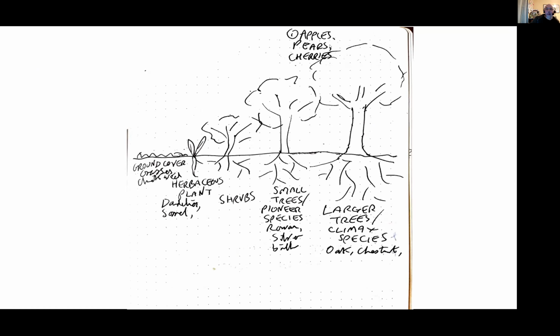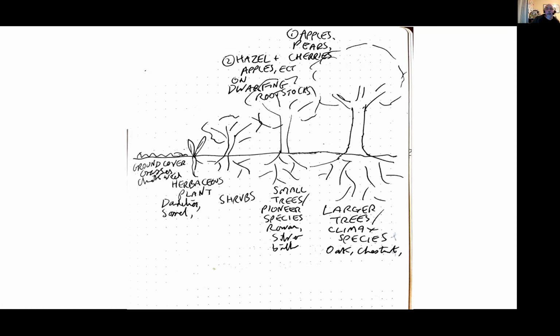And so they'd be our level one, or story one, if you like, in terms of stories. Our next will be our smaller trees, our pioneer species.